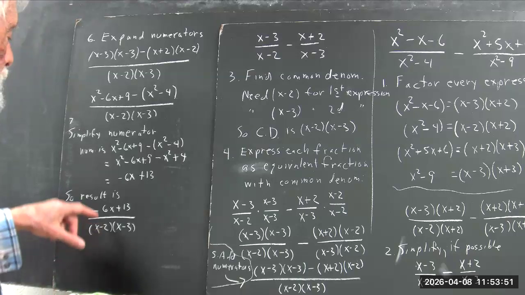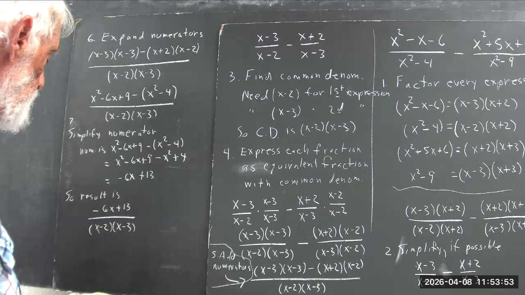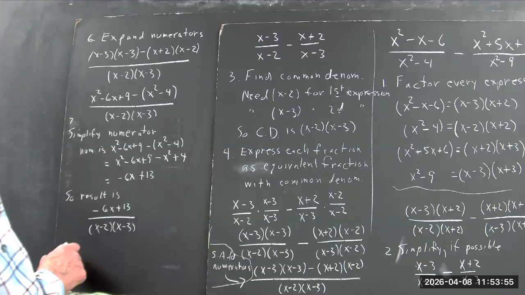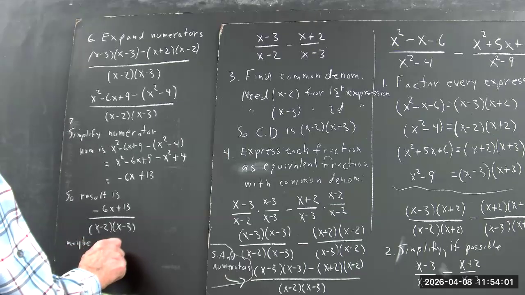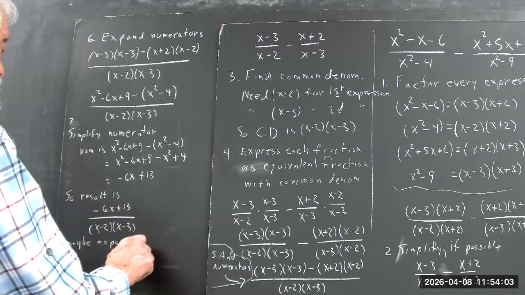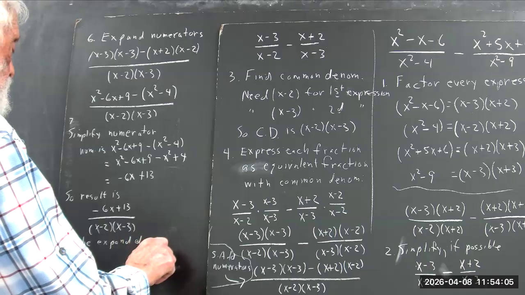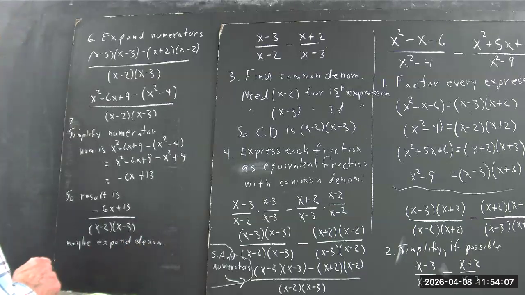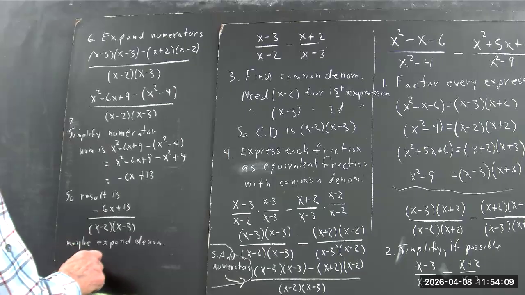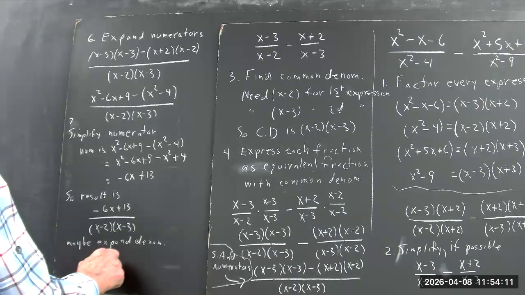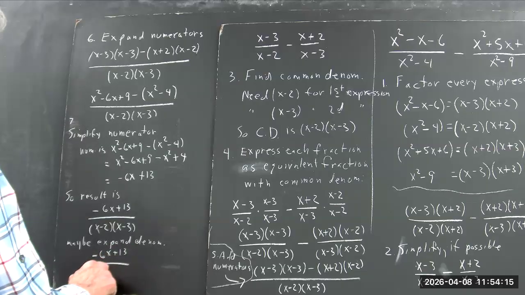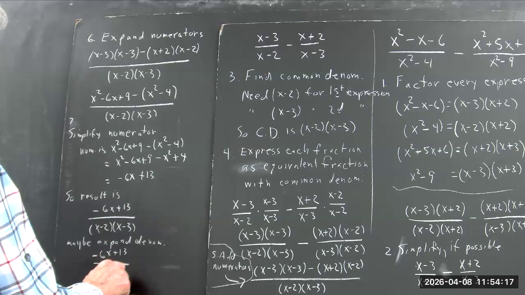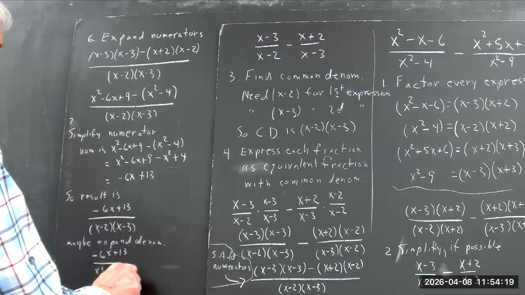In some classes, you would want to multiply out the denominator. So maybe expand the denominator, which will give you (-6x + 13)/(x squared - 5x + 6).